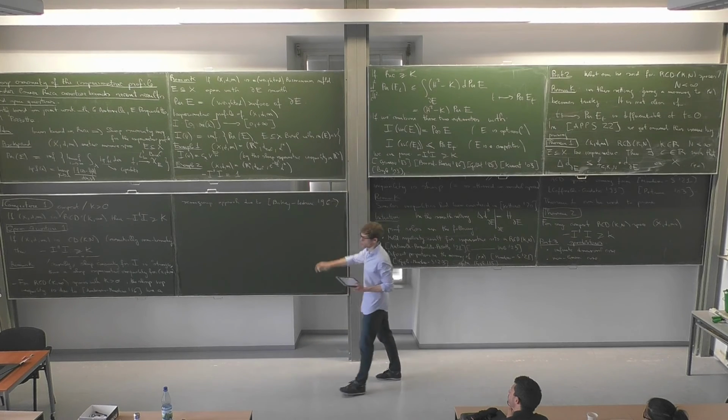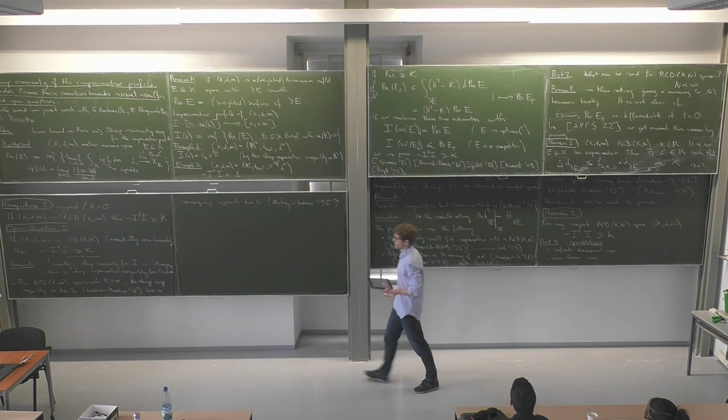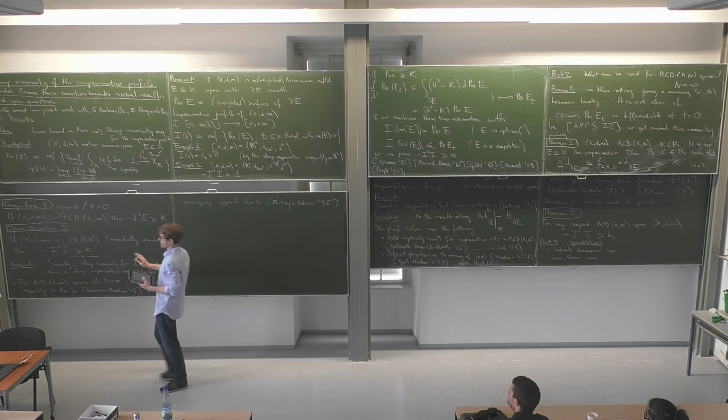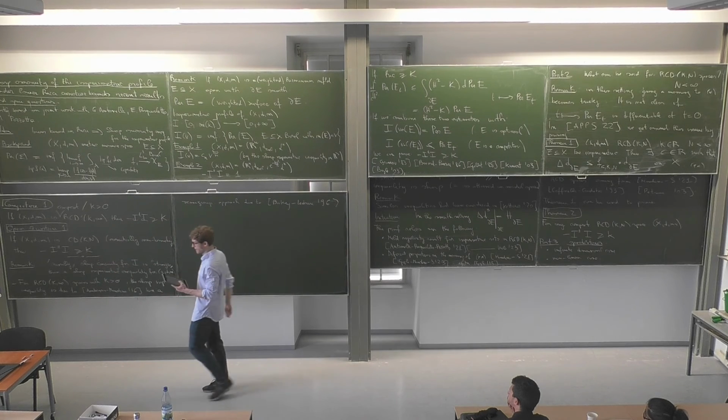Okay, and the model for the sharp isoperimetric inequality for RCD infinity spaces is the Gaussian space. Okay, so Rn endowed with the Gaussian measure.